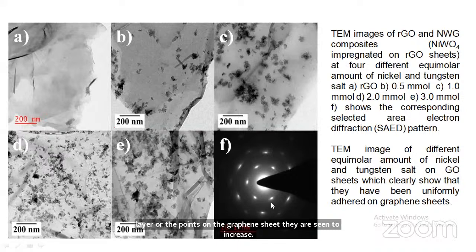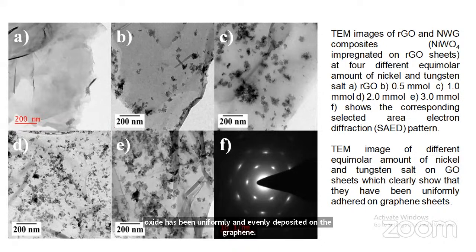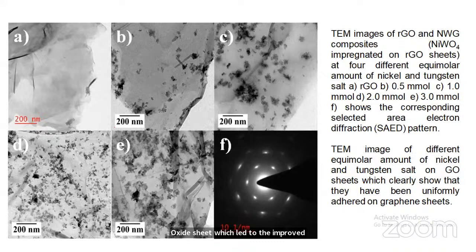And this is the SAED pattern. The TEM images of different equimolar concentrations of nickel and tungsten oxides on GO sheets clearly show that the metal oxide has been uniformly and evenly deposited on the graphene oxide sheet, which led to improved surface area and improved electrocatalytic property, as observed in our findings.